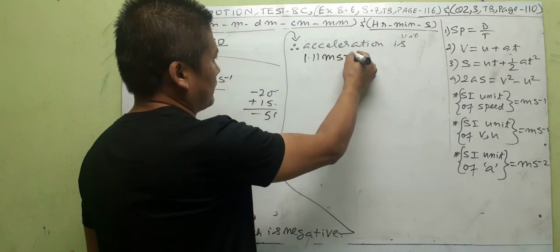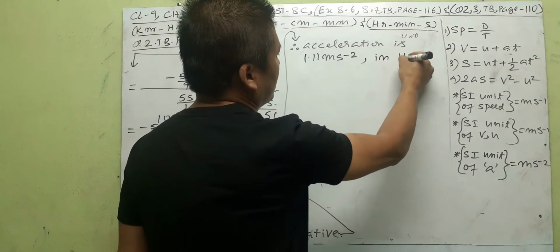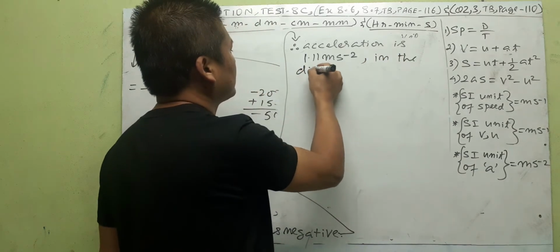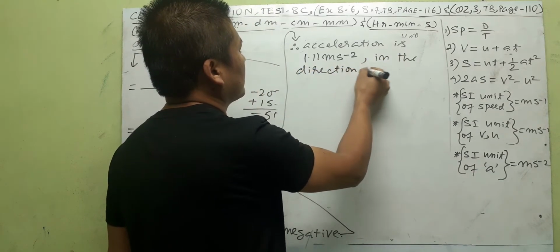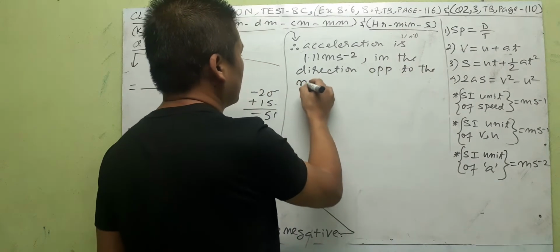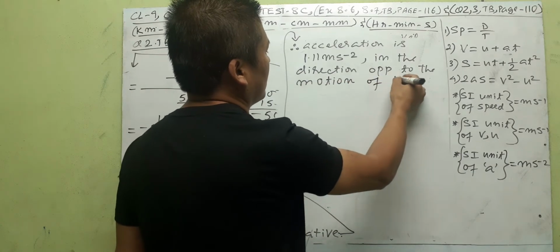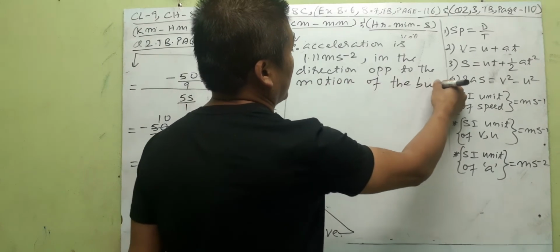We need not write minus because of this, meter per second square in the direction opposite to the motion of the bus, because it's negative.